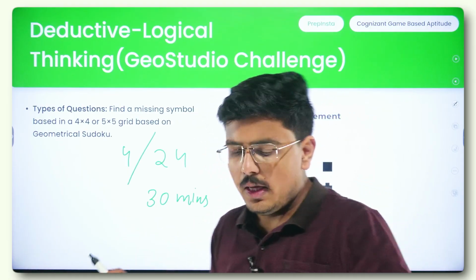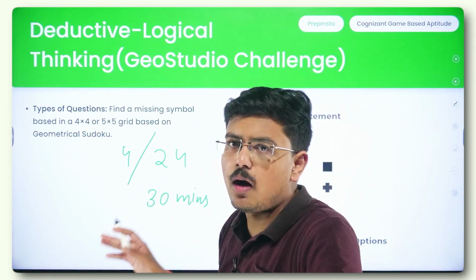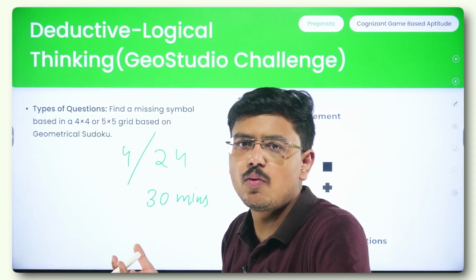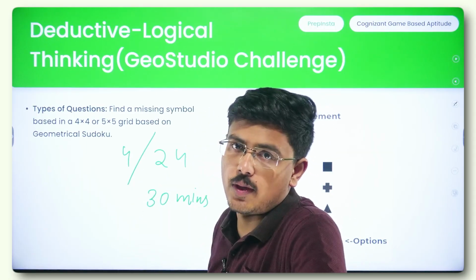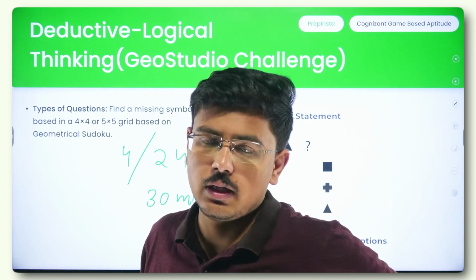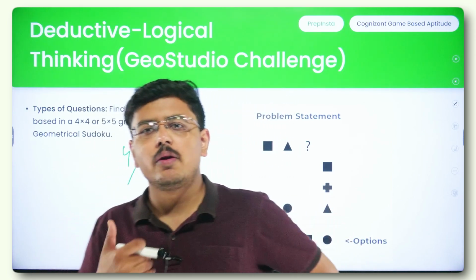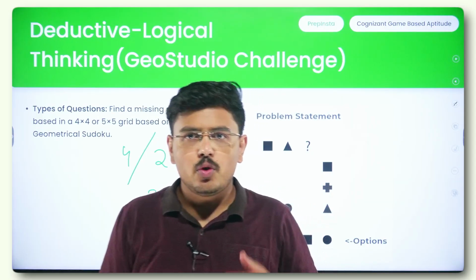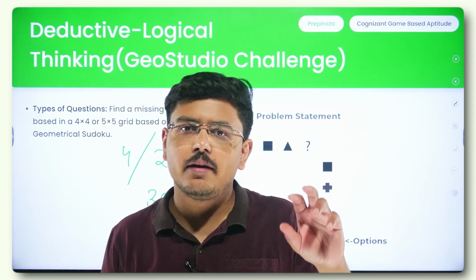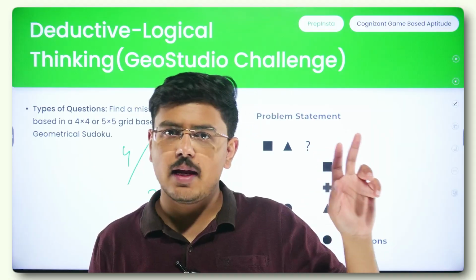Now, in these 30 minutes, you are not just being marked on the accuracy of how correctly you answered the question, but also on the speed at which you answer. That is also very, very important. In game-based aptitude, your score is calculated using both things, accuracy as well as speed.